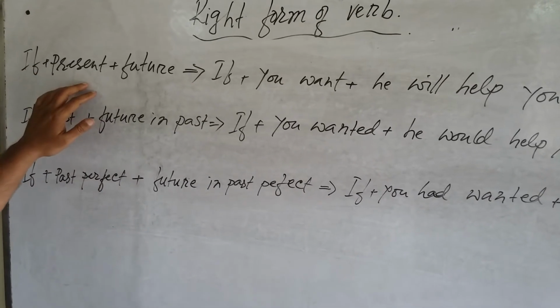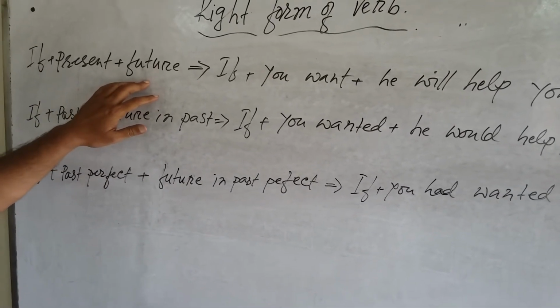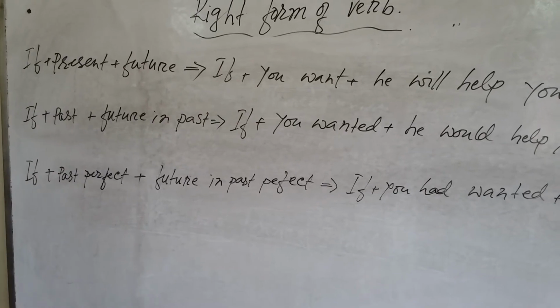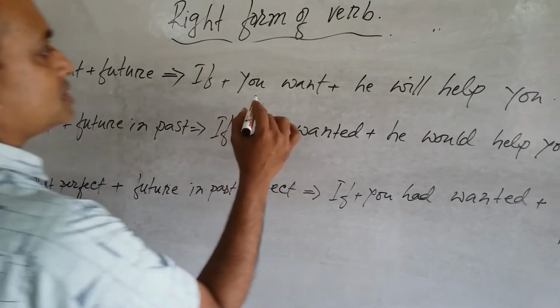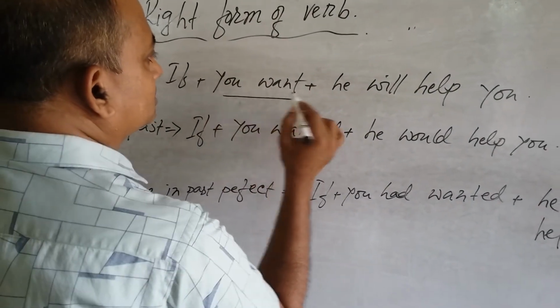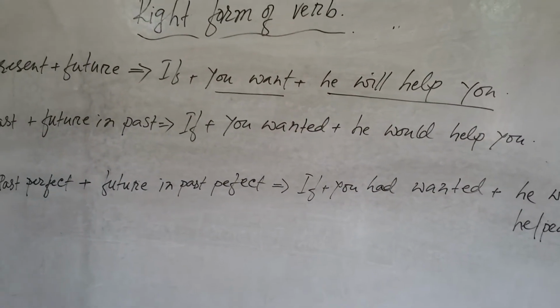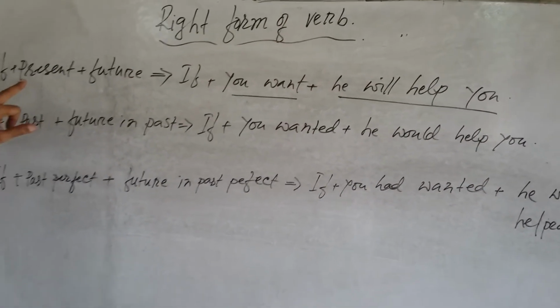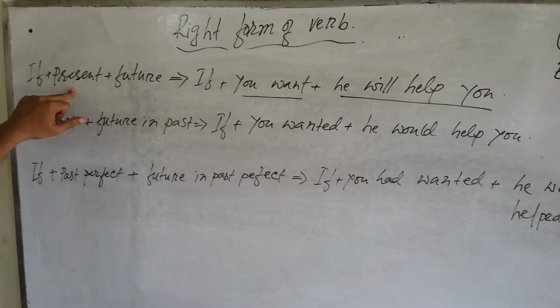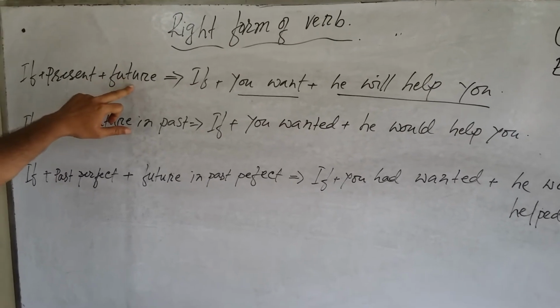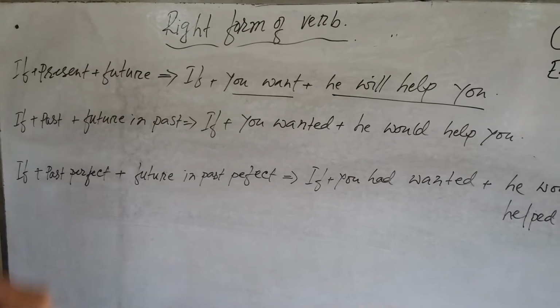If plus present plus future. It means there are two clauses with if, and these clauses follow the rules. If there is a present after the if, then the rest part will be in simple future.